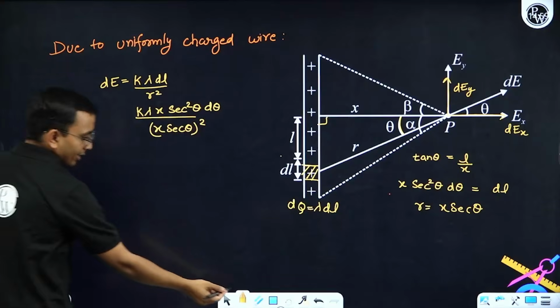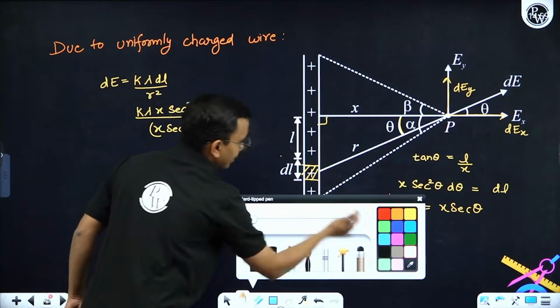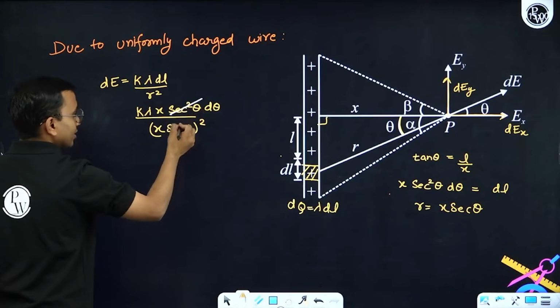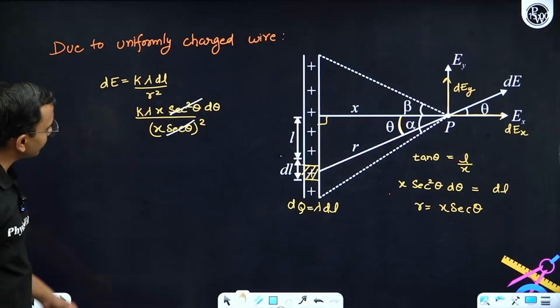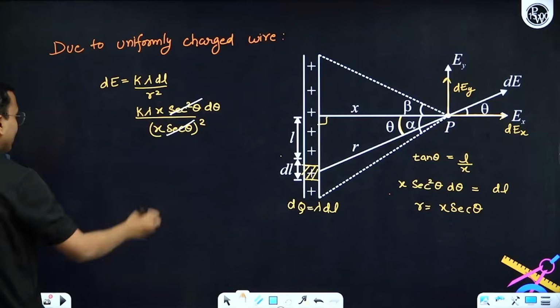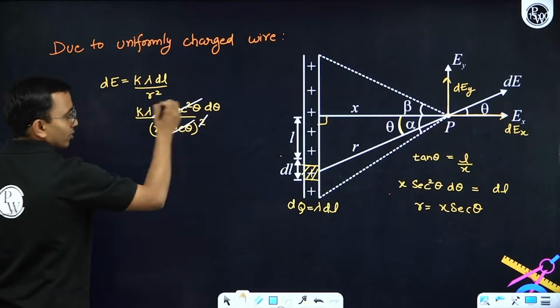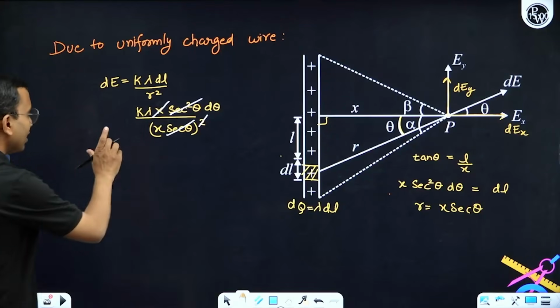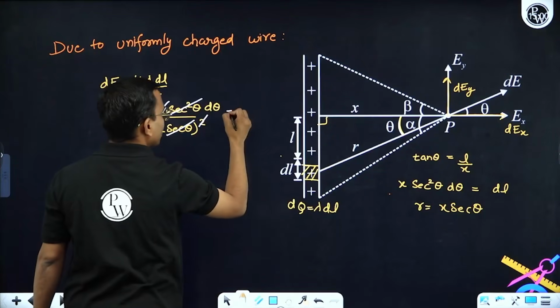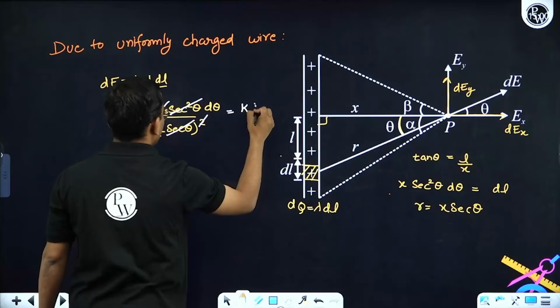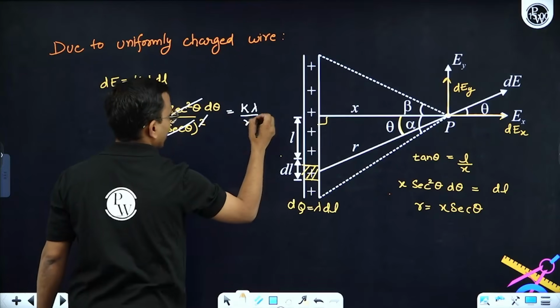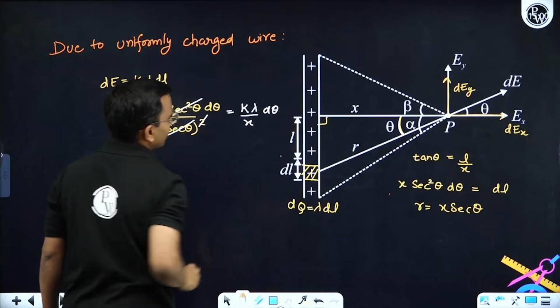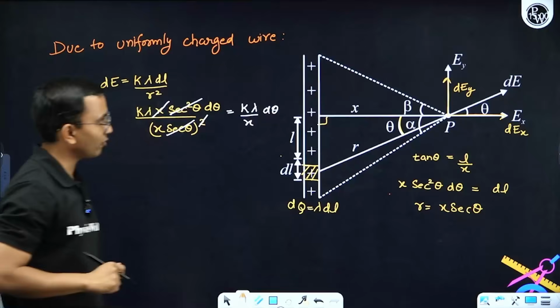So you see here the secant square theta is getting cancelled. One x will get cancelled. So x will remain in the denominator, and my final expression for dE comes out to be k lambda by x into d theta. This is my final expression for dE.